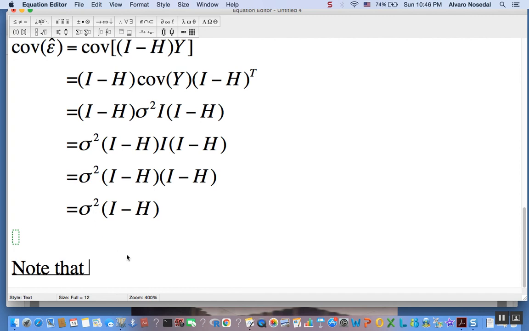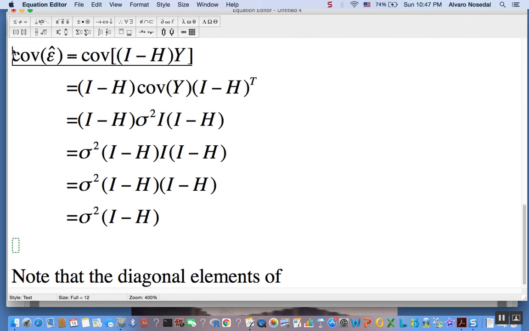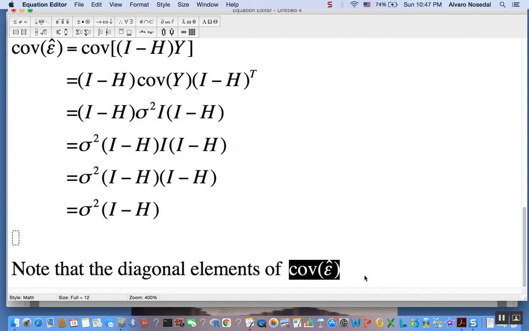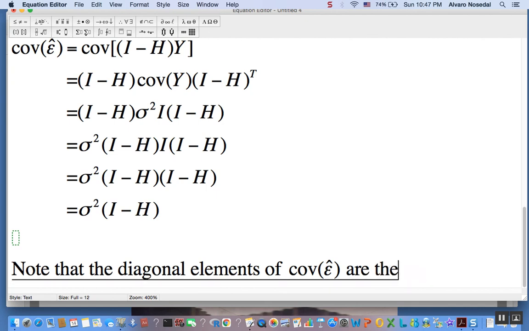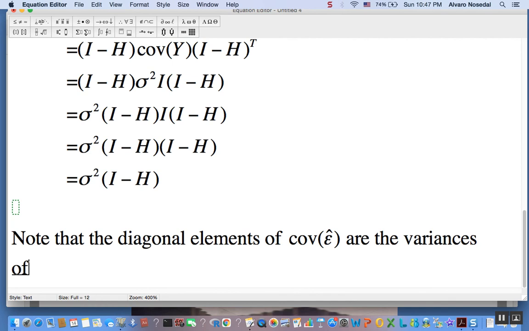So note that the diagonal elements of this guy are the variances of, let me say, epsilon 1 hat, epsilon 2 hat and so on, right?